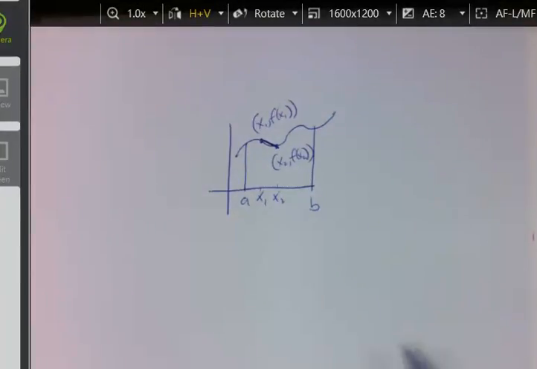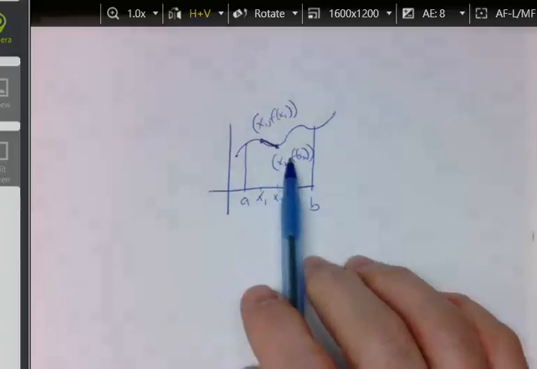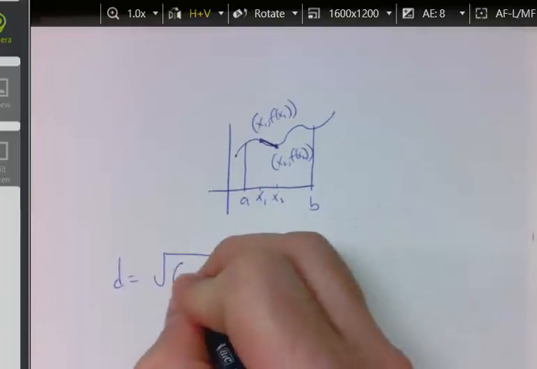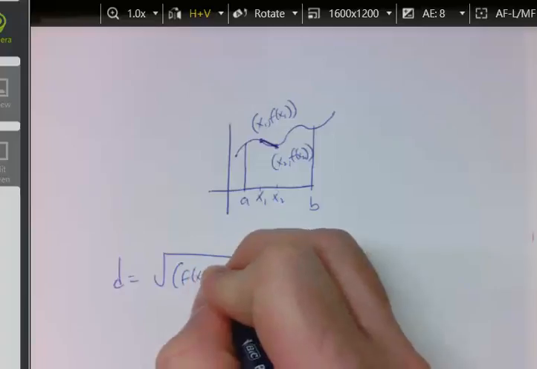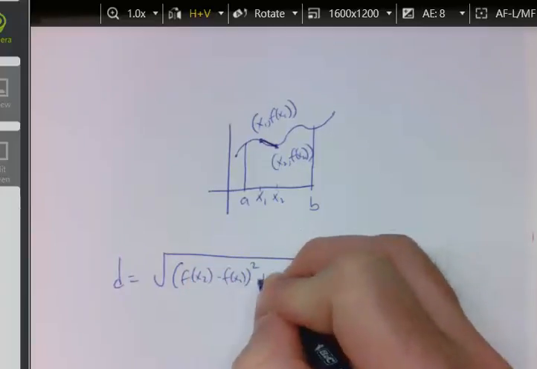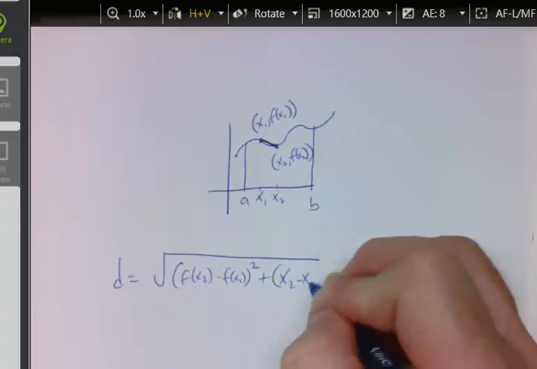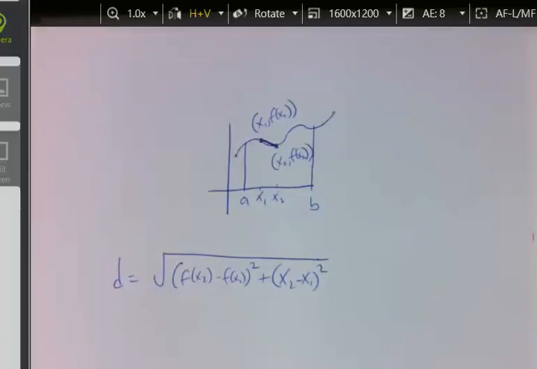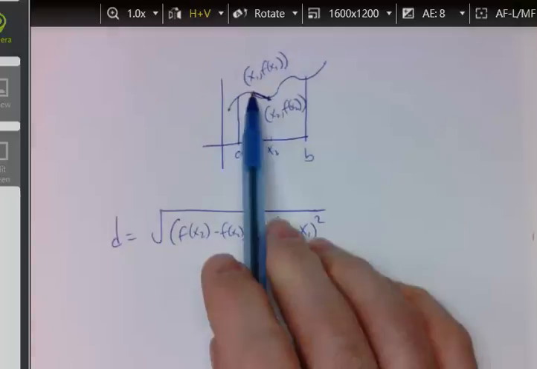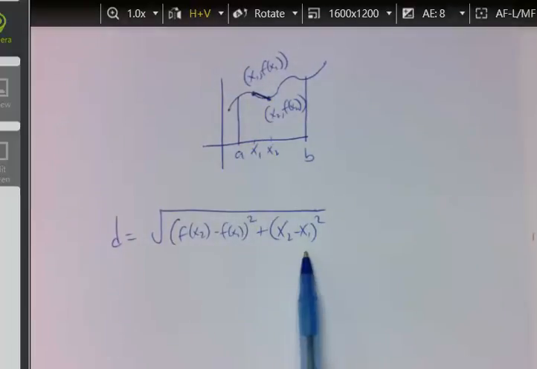I want to find the distance between those 2 points. So the distance is going to be the square root of f of x2 minus f of x1 squared plus x2 minus x1 squared. So it's basically just the distance formula.